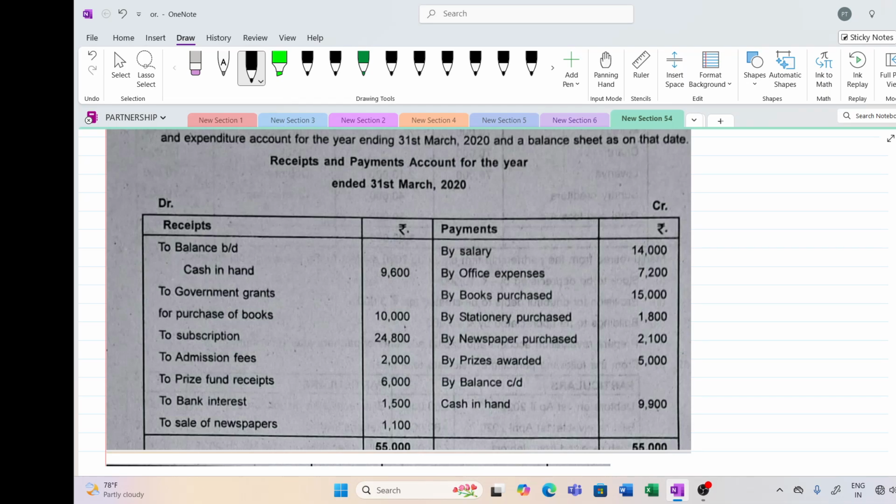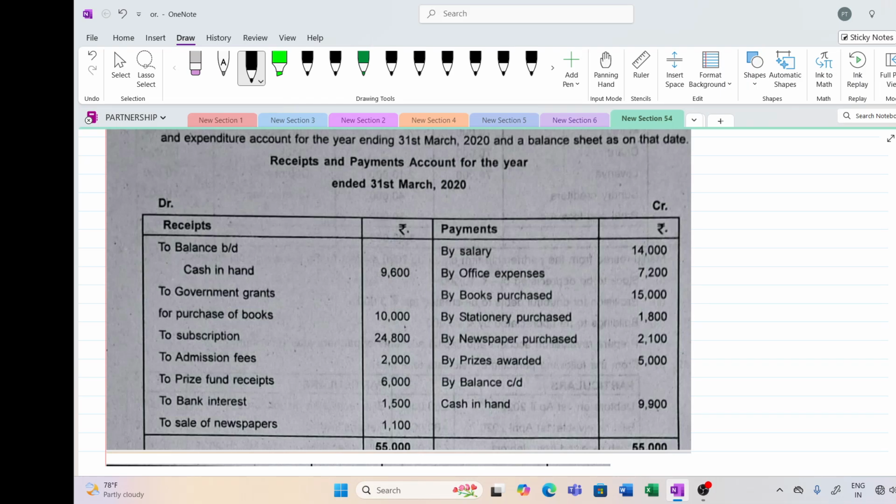And in case of any fund specifically received for some specific thing like match fund, prize fund, tournament fund, you have to take those receipts to the liability side, and all the expenses relating to that fund will be subtracted from that receipt. All of you know this fund accounting, I hope so.